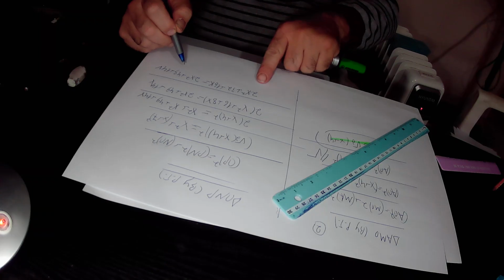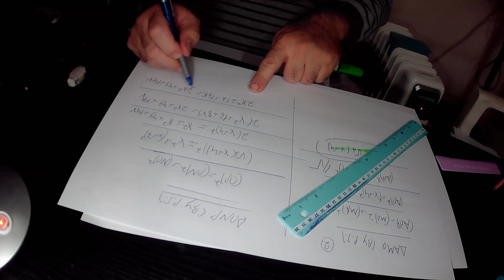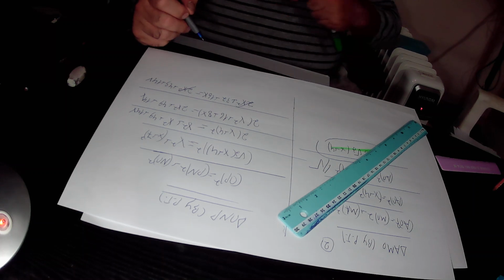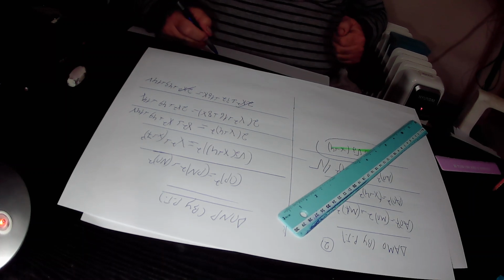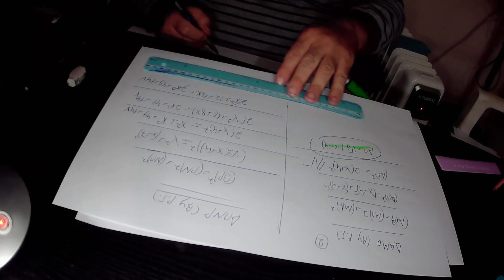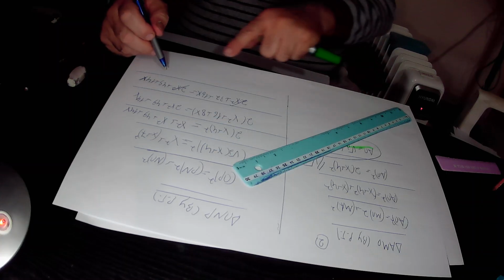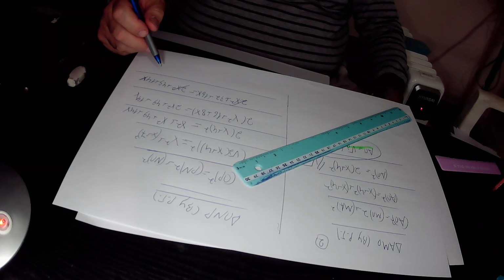Here we have 2x² on both sides of this equation, so 2x² gets cancelled. And we subtract 14x from this equation, and we get that 16x minus 14x is 2x.